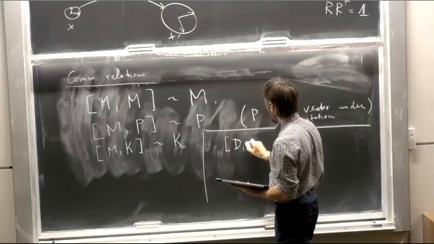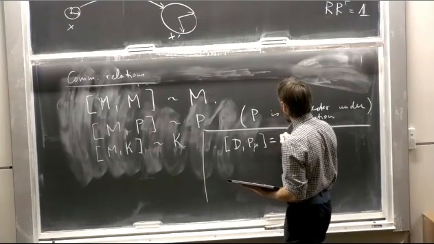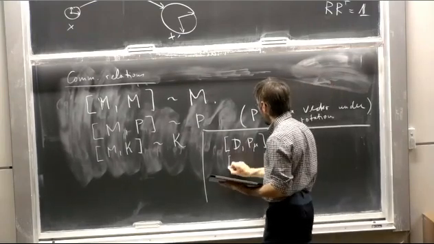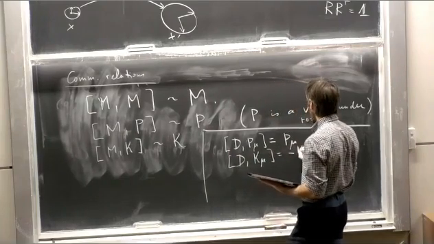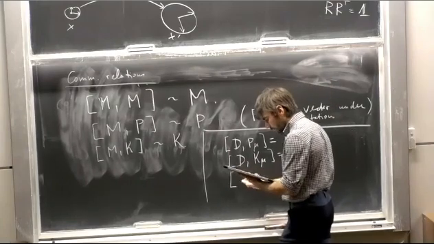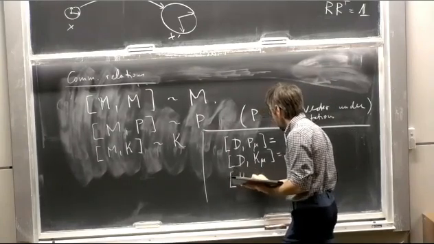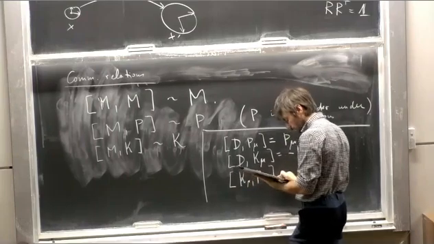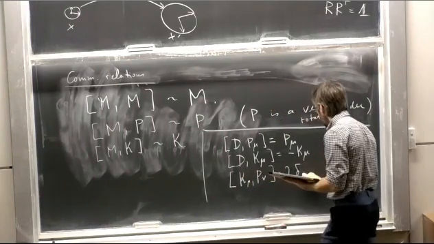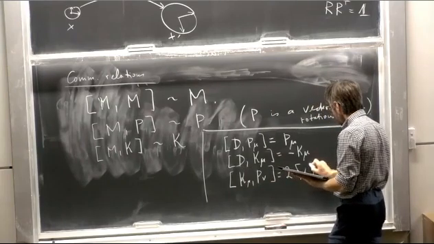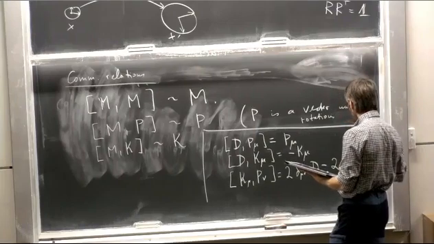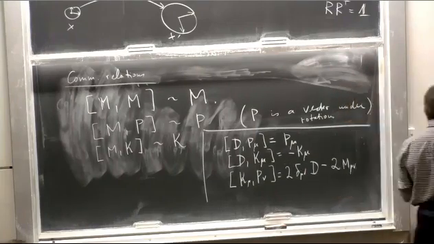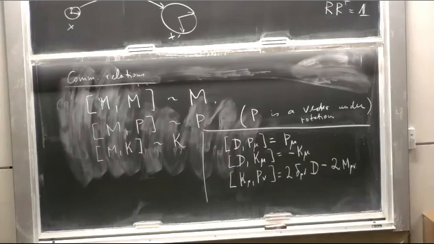[D, P_mu] equals P_mu, [D, K_mu] equals minus K_mu, and finally [K_mu, P_nu] equals 2 delta_mu nu D minus 2 M_mu nu.